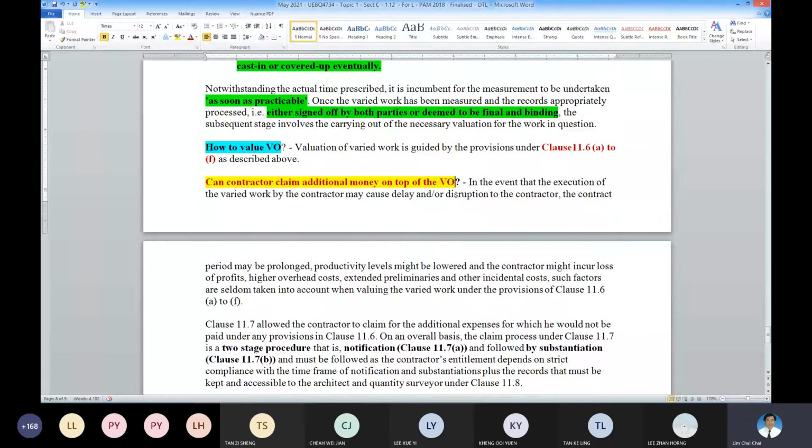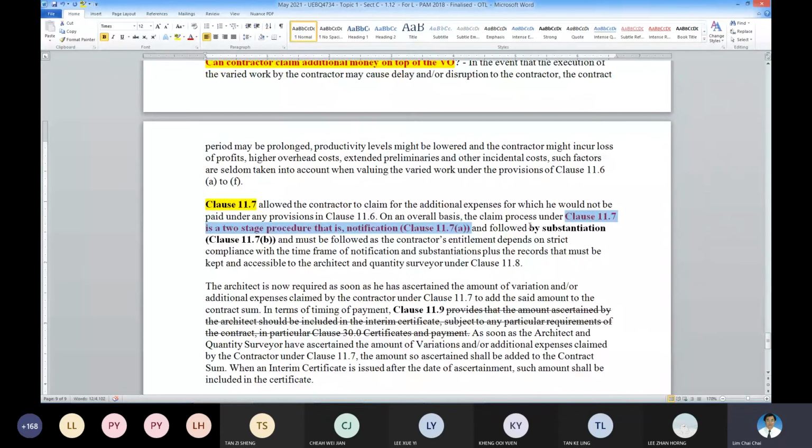In order to claim, the contractor needs to invoke 11.7A and B. That means it is two-stage: first is an initial notification, then subsequently when the works are completed will be your so-called final notification.